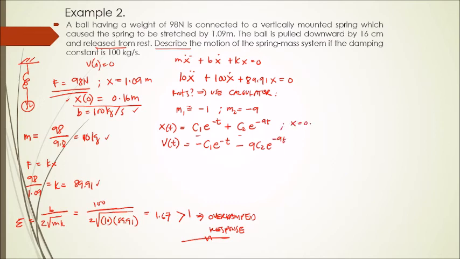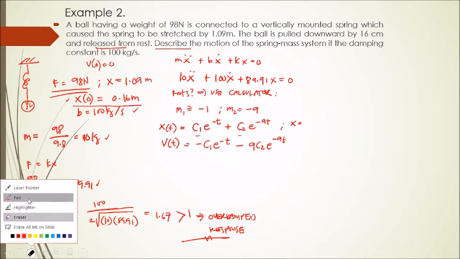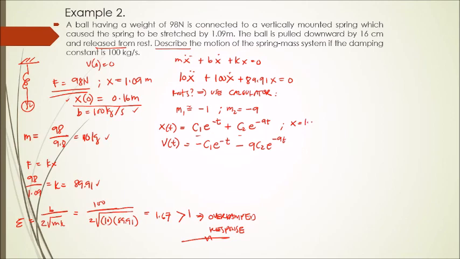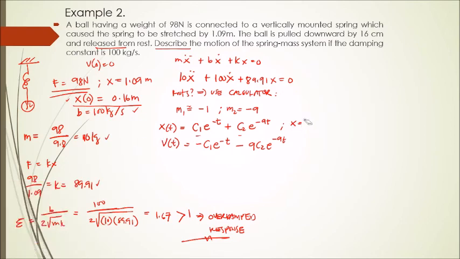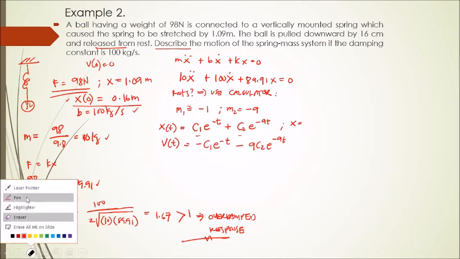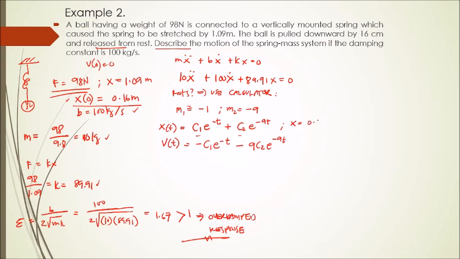We have initial condition x equal to 0.16, the displacement. This is 0.16 meters at rest, t equal to 0. Here, 0 velocity, t equal to 0.